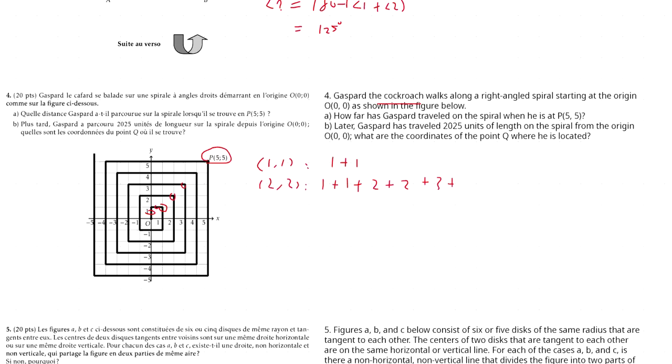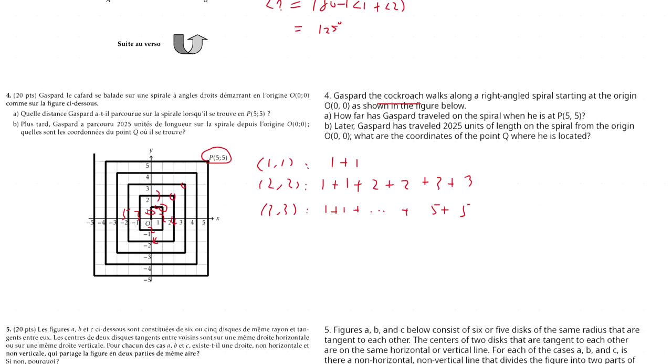If he wants to reach (3, 3), that's again 1 plus 1 plus dot, dot, dot, plus 5 plus 5. So here's again 4 plus 4, 5 plus 5.